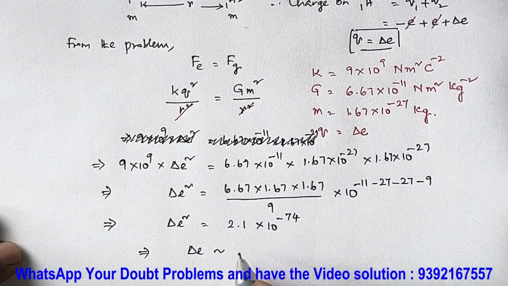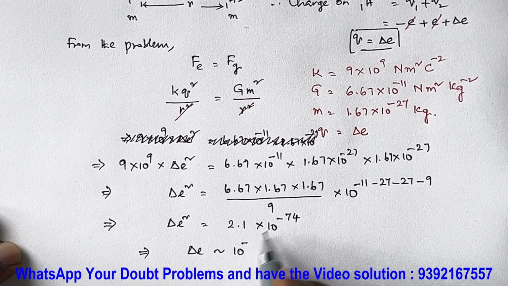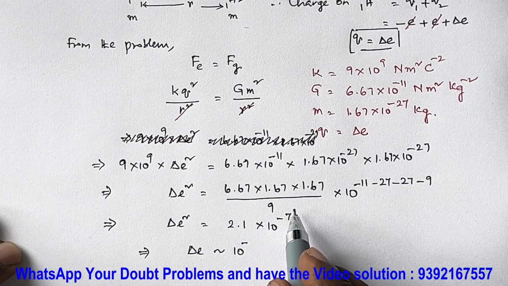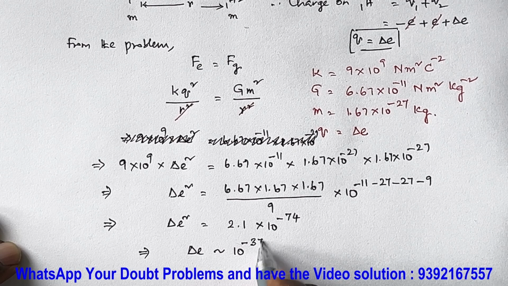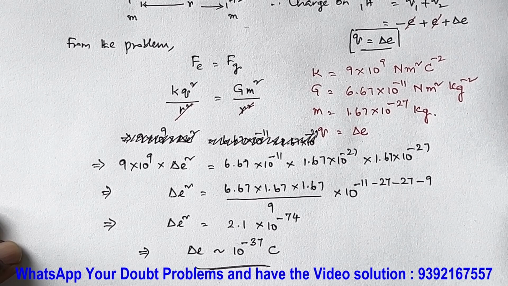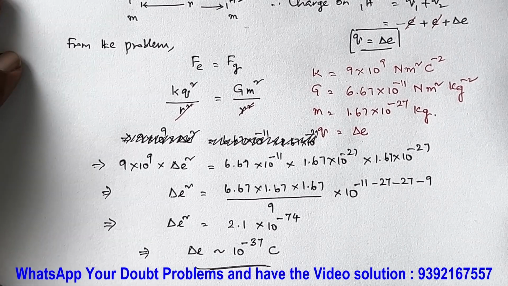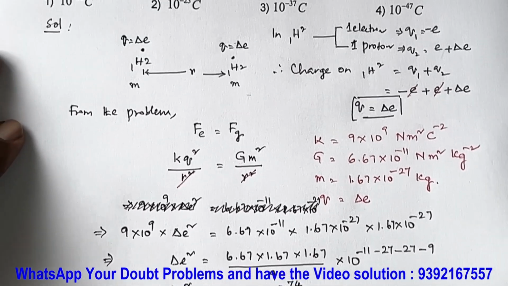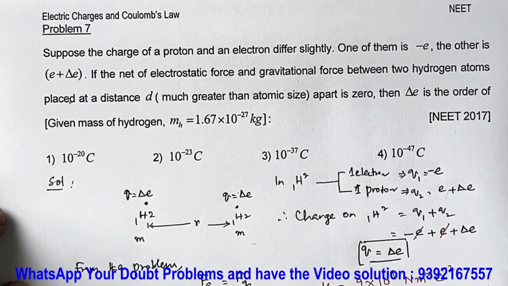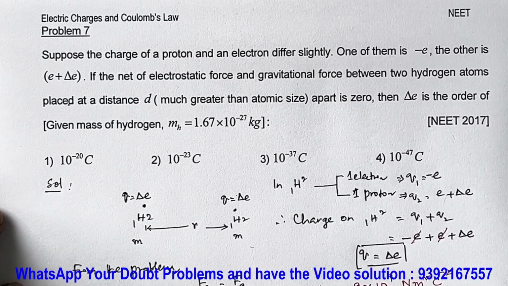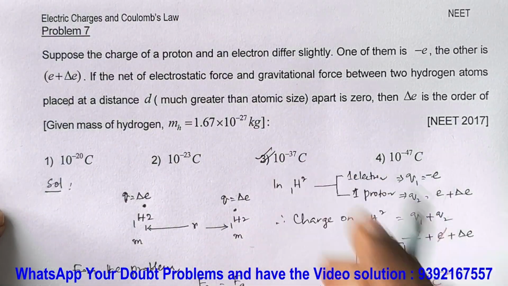So root of 10 power minus 74 is 10 power minus 37, coulomb, because this is a charge. So that is the answer. Let us see which option is correct. So in the given problem, the third option is the correct option.